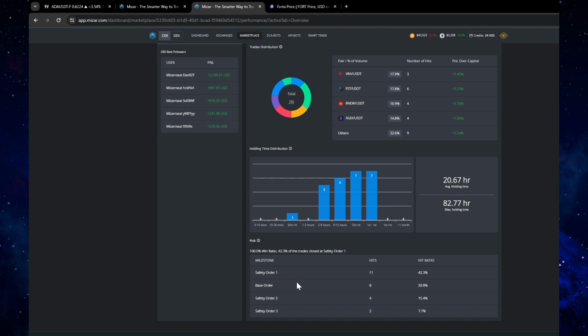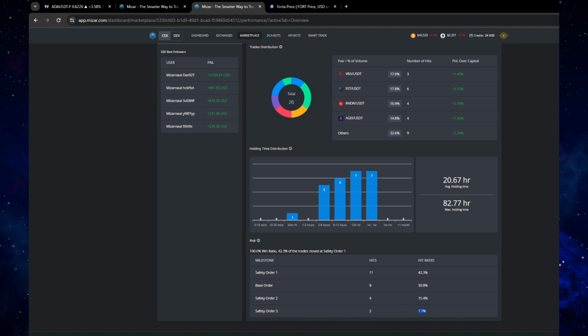So what this says, this provides some kind of a natural distribution curve, and it says that even though I'm allowing up to 10 safety orders in my settings, we've only had 3 hit, and that was not often at all.